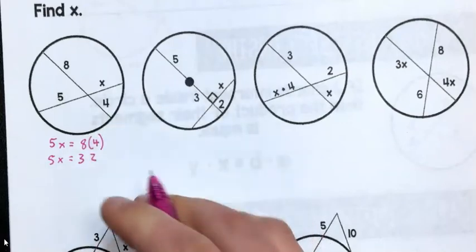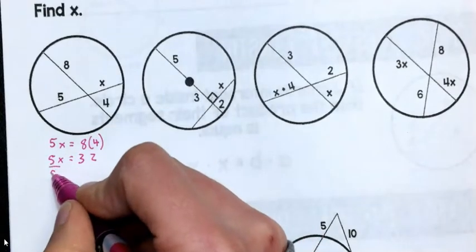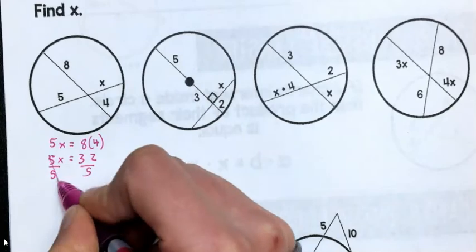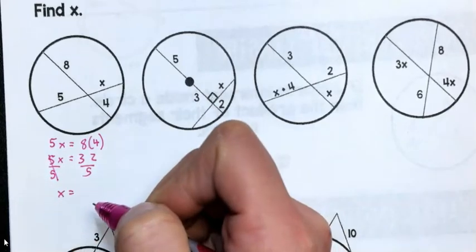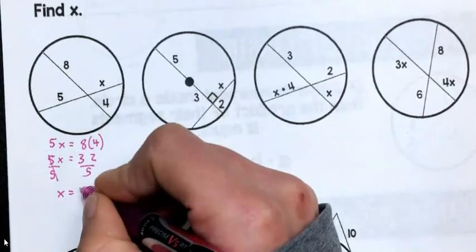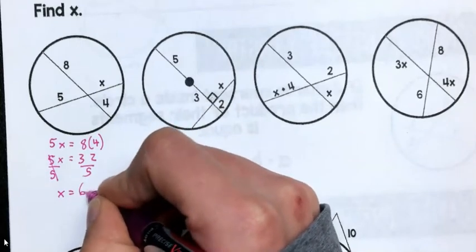Divide by 5 on both sides, and I get X is equal to 6.2.